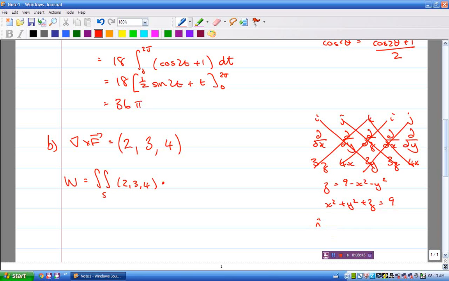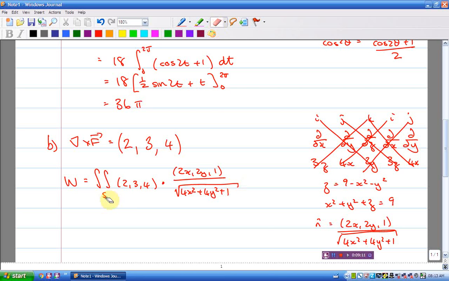So my normal is going to be the grad of this turned into a unit vector. So I'm going to be dotting with 2x, 2y, 1 over the square root of 4x squared plus 4y squared plus 1.